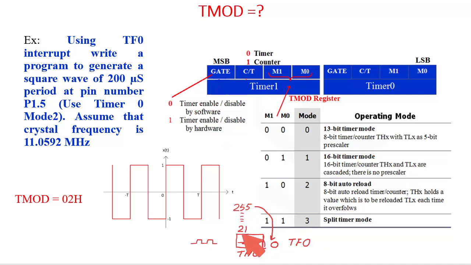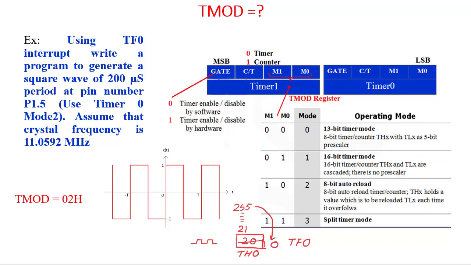So ultimately, by changing this initial value, we can change the delay. So for creating the delay, means for creating the square wave, we need to set the initial value of the timer. Now, what will be the initial value of the timer?